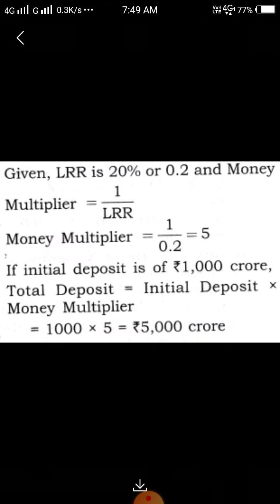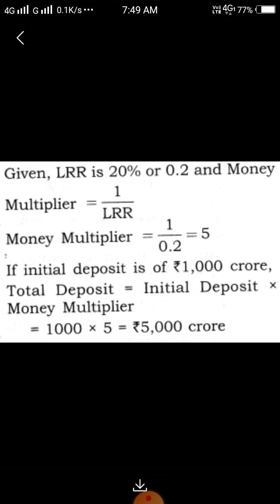So students, here LRR is given as 20% or 0.2, and the money multiplier equals 1 upon LRR, or the legal required ratio. The money multiplier equals 1 upon 0.2, which equals 5.